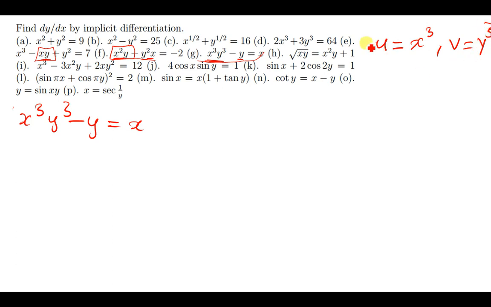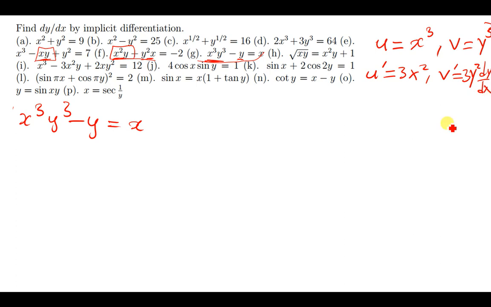So u prime will be equal to 3x squared, and then v prime will be equal to 3y squared, but of course we're differentiating y, meaning we have to add dy/dx.